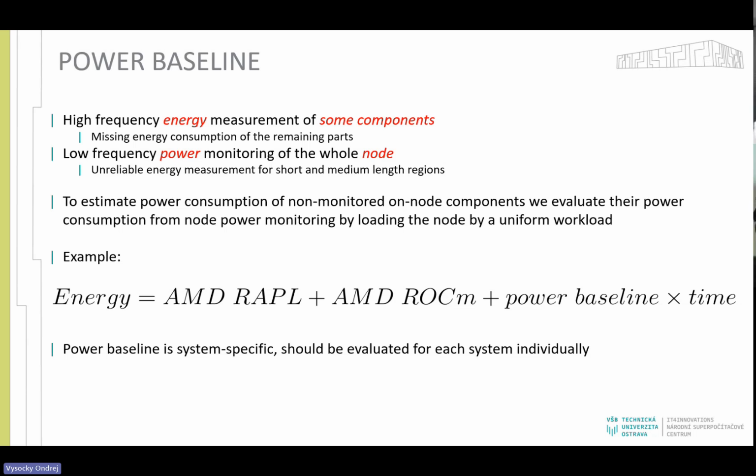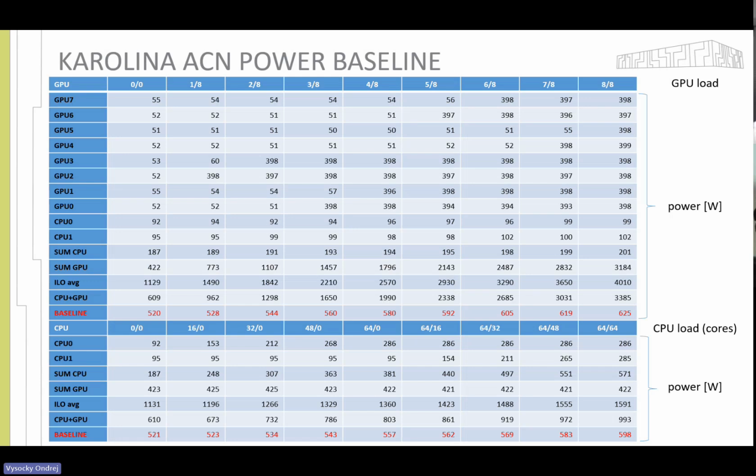So this is called power baseline, and I have here a table for accelerated and non-accelerated partitions, where at the top we have Karolina.